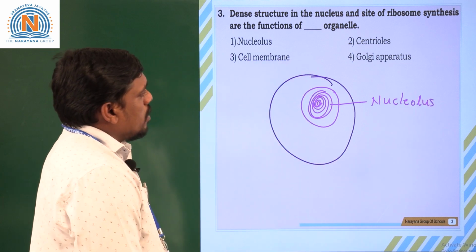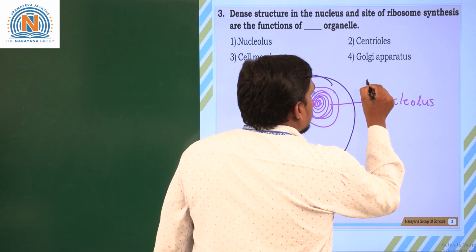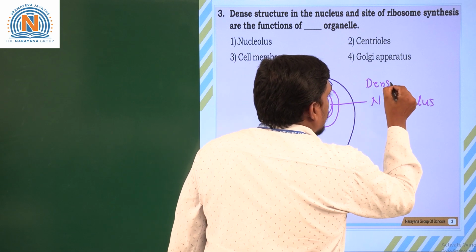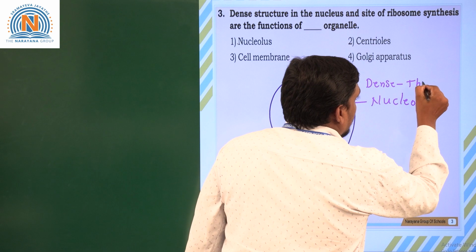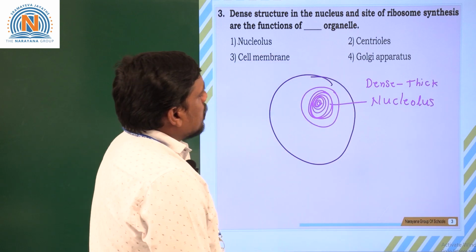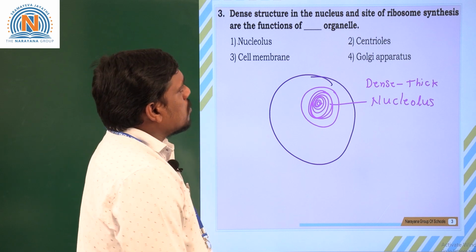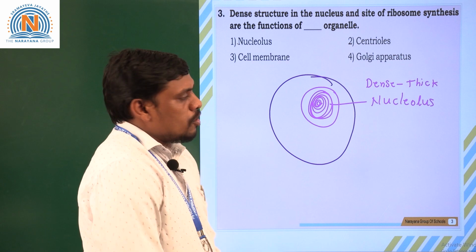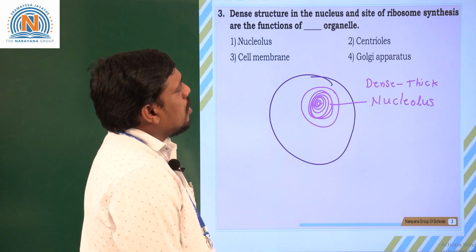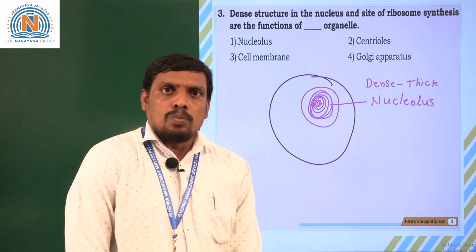This nucleolus is a dense structure. What do you mean by dense? Dense means thick. It's a thick substance that helps in ribosome synthesis, which means the nucleus contains the nucleolus, and the nucleolus helps in the synthesis of ribosomes.